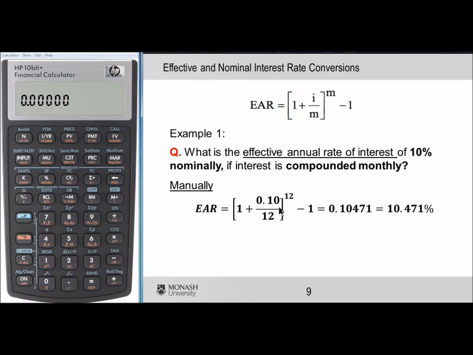By applying the formula, I have an EAR of 10.471%. So effectively, I'm earning 10.471% over 1 year of my investment at a nominal rate of interest quoted at 10% per annum.